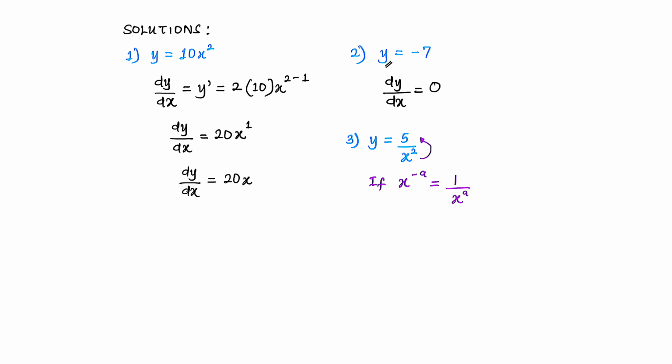So that means y equals 5, because this x squared is at the denominator, when it comes back up to the numerator side, it becomes x raised to power negative 2. So 5x raised to power minus 2 is the same thing as 5 divided by x squared.